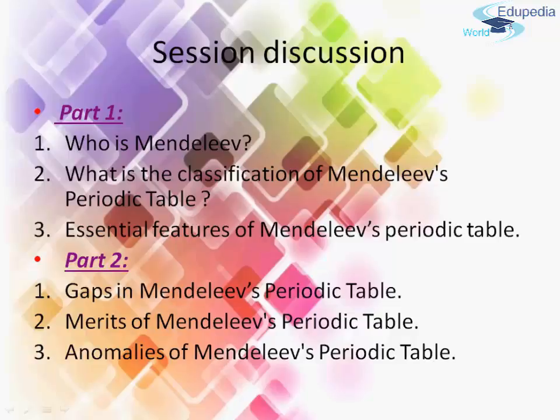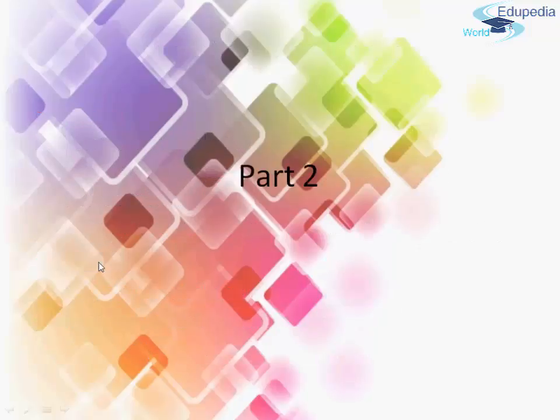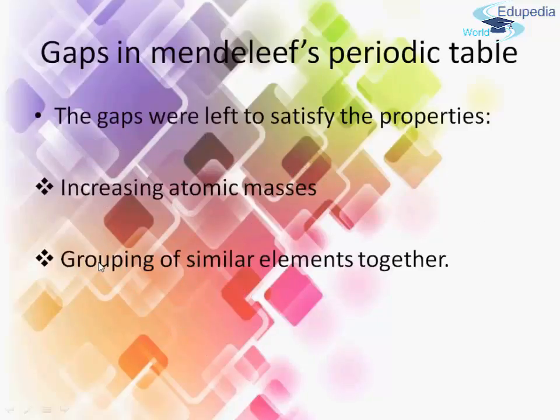Now we shall discuss the gaps, merits and demerits of Mendeleev's periodic table. So let's start with the part 2 section, which first will be the topic of the gaps in the Mendeleev periodic table.